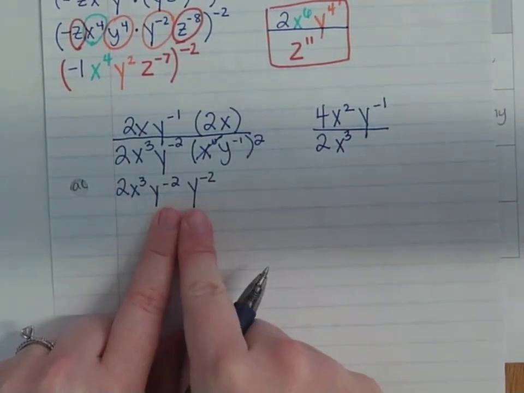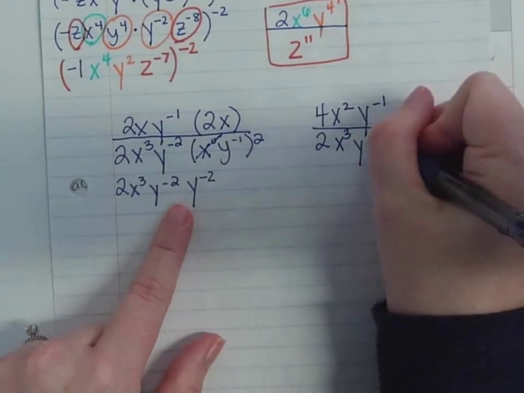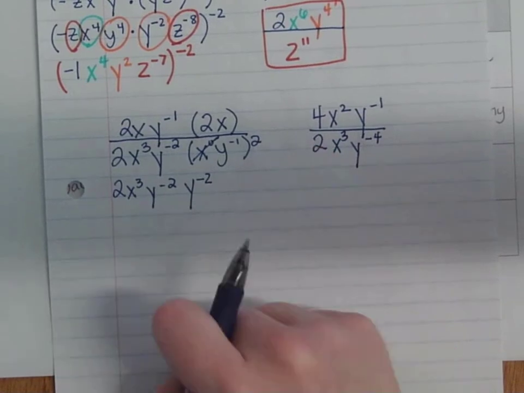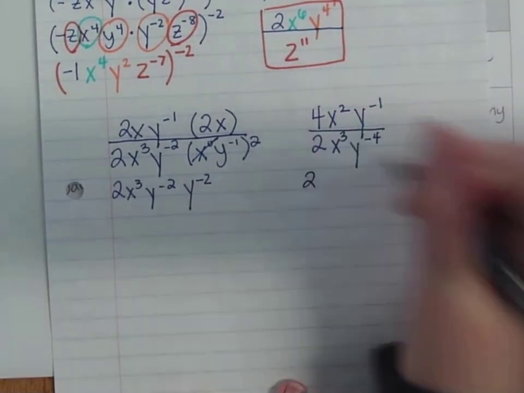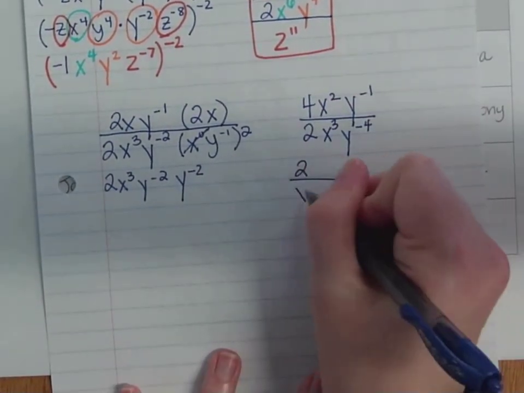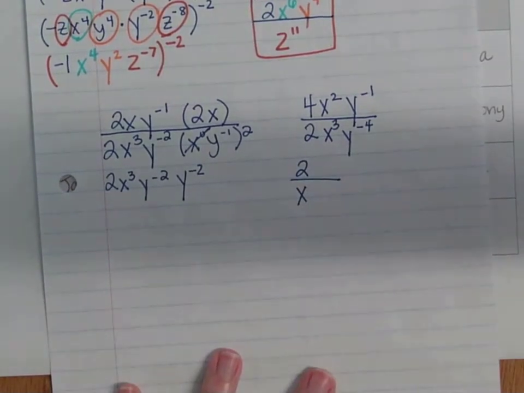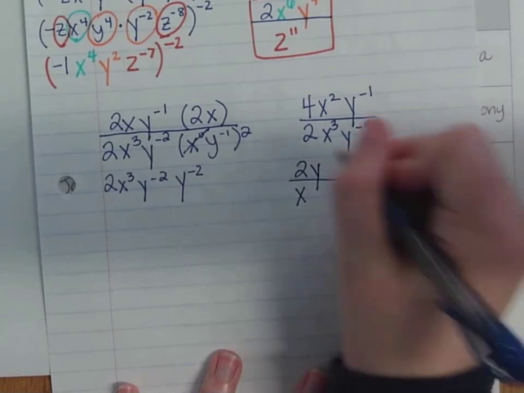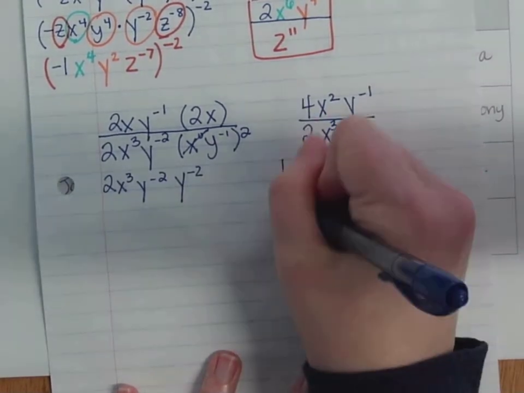What happens to the y's? Y to the what? Negative 4. What's 4 over 2? 2. Who has more x's? The denominator. How many more? 1. Okay. And who has more y's? How many more? 3.